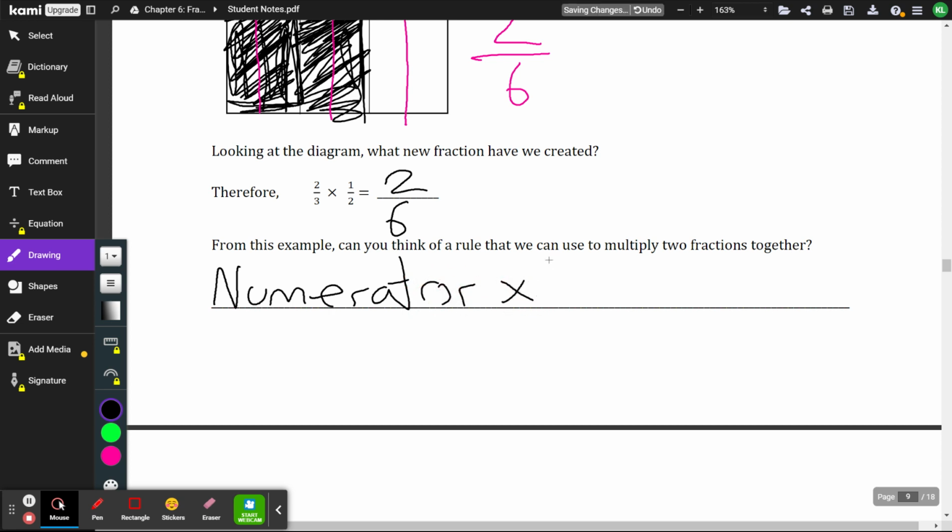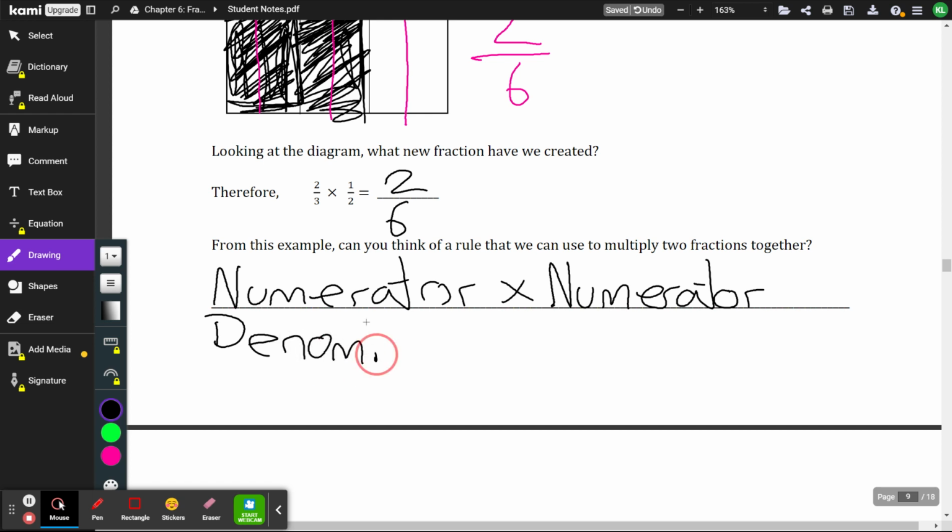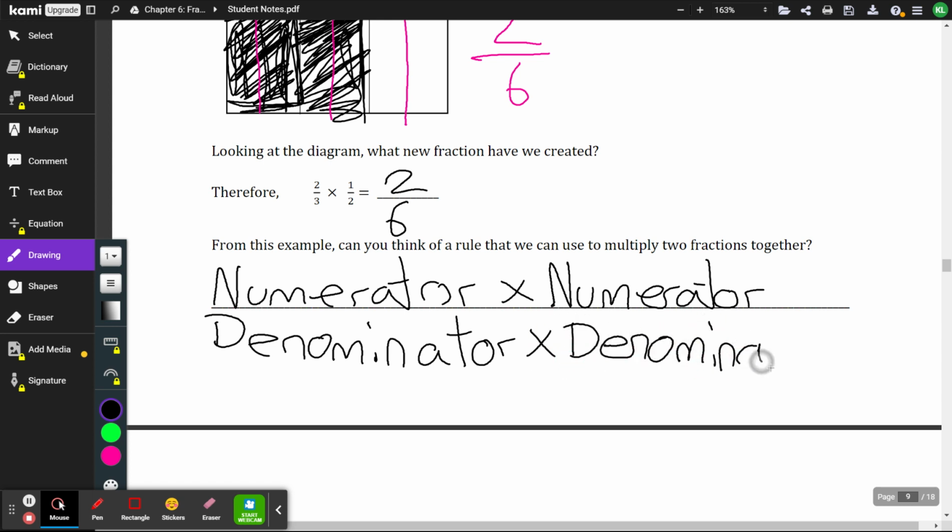That's all we're doing when we're multiplying proper fractions. And then we should reduce if possible.